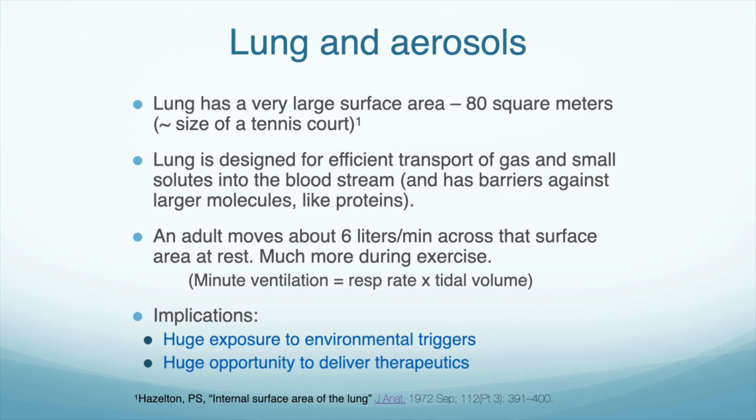An adult will move about 6 liters per minute of air across the surface area of the lung at rest, much more during exercise. And if you'll remember the formula, minute ventilation is equal to the respiratory rate times the tidal volume. So the implications of all this are that we have huge exposure to environmental triggers, as well as a huge opportunity to deliver therapeutics.